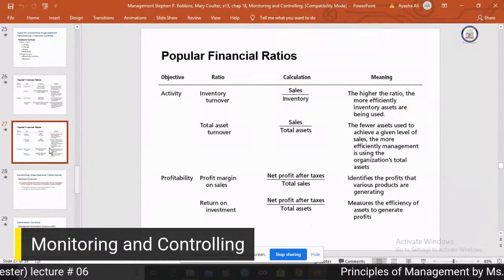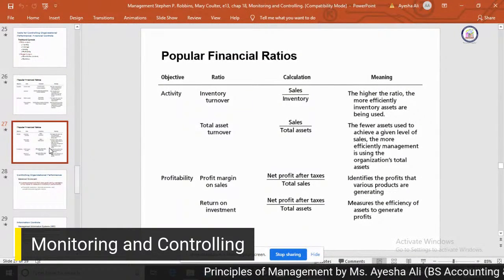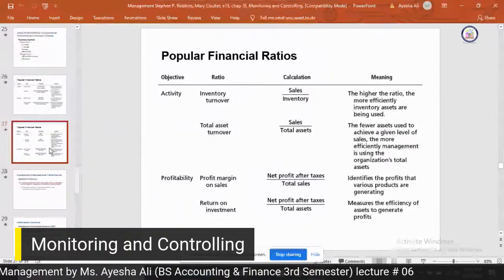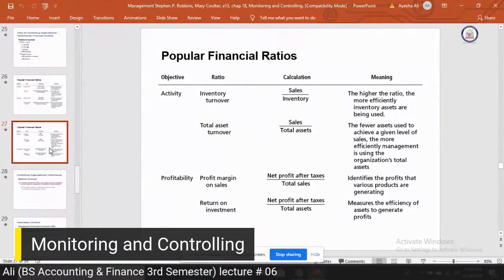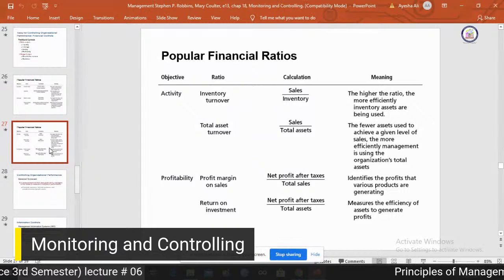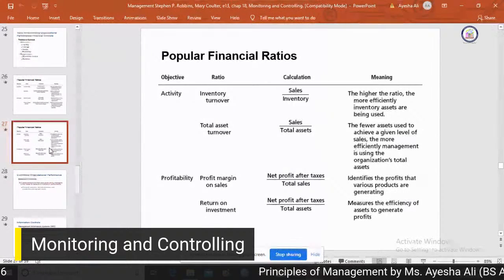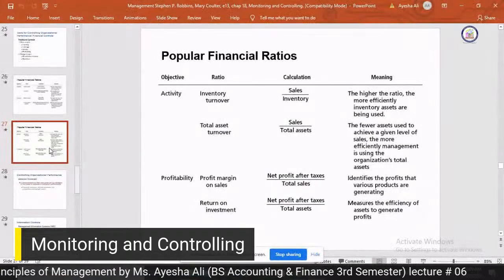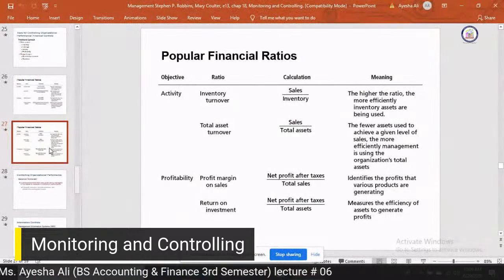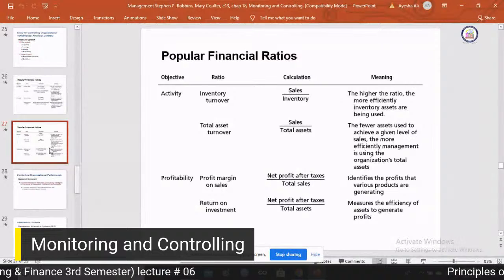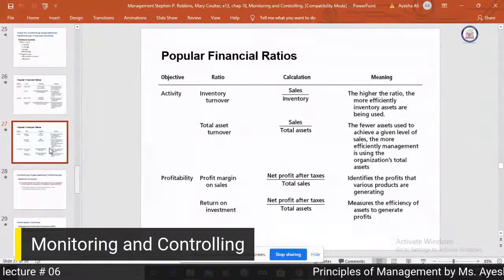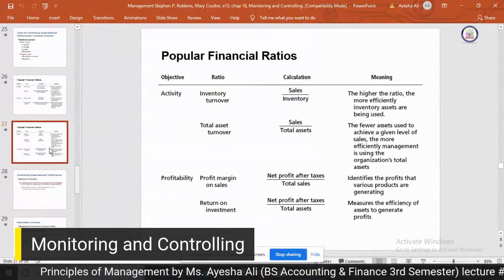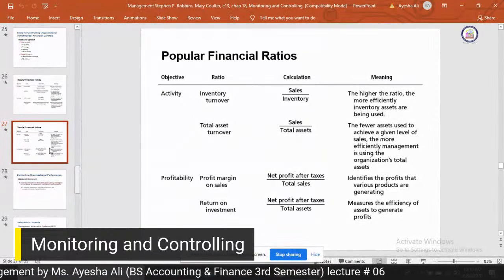In profitability, we are looking at how much money the organization is making or generating. So if they are making enough money on their sales, it means the organization is in profitability.